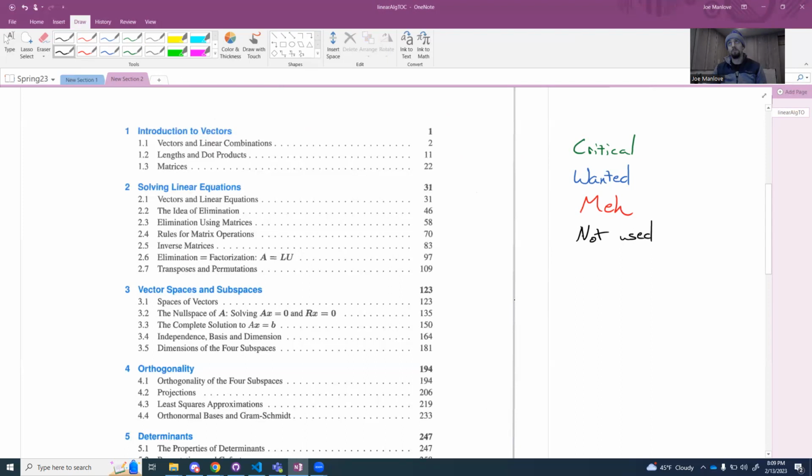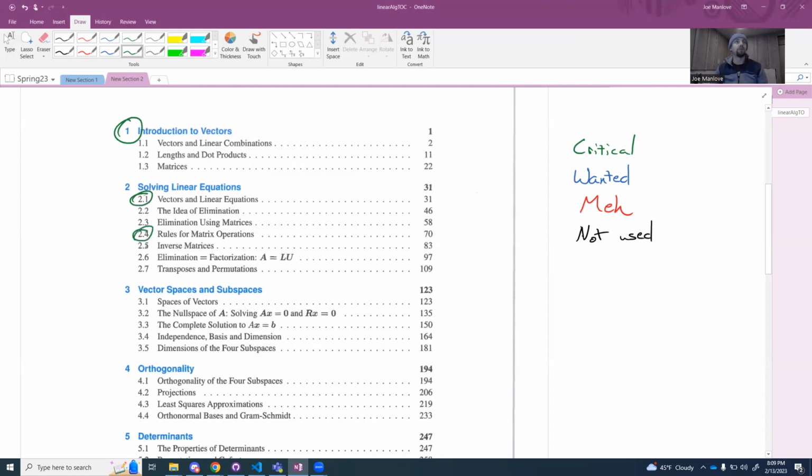Should be relatively straightforward, I hope. So here's my plan. Gotta have chapter one. I gotta have an introduction to vectors. It's absolutely necessary to build anything. I really gotta have this idea of vectors and linear equations.